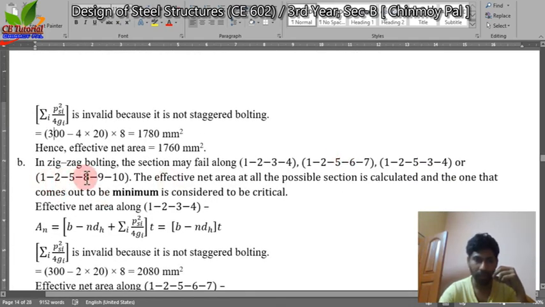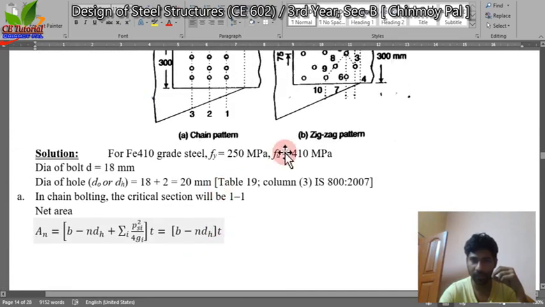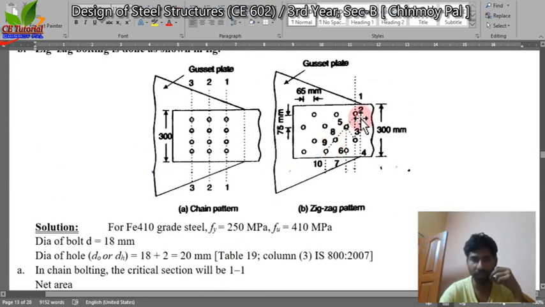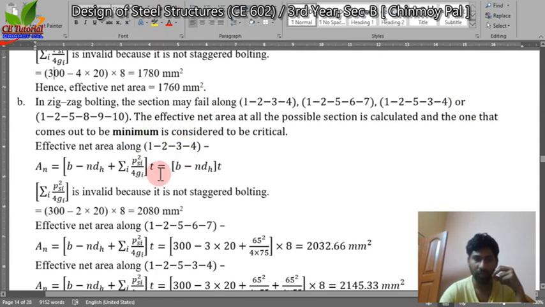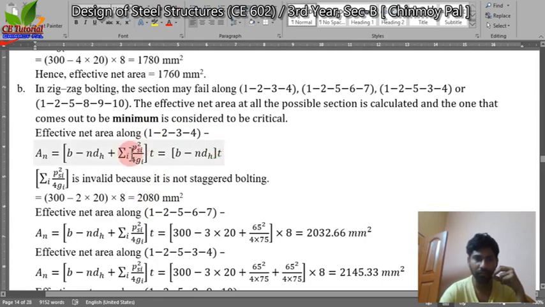And 1, 2, 5, 8, 9, 10 is another. This is also very long. Obviously, it will not be the effective net area because the length is very high. You can see in the calculation.